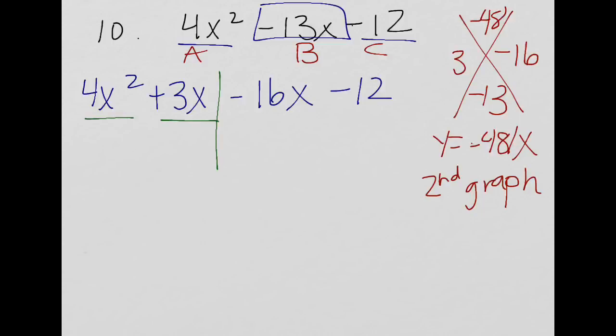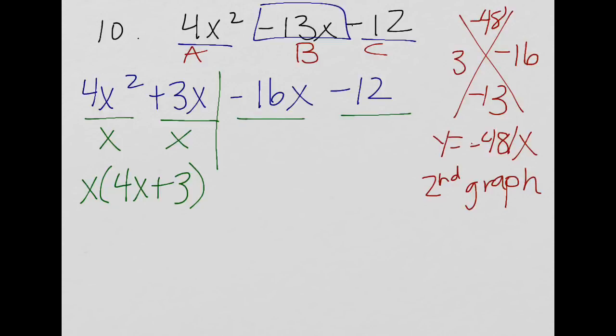Life is good. If I look at the left side, all they have in common is an x. So I take that out. If I look at the right side, they have a 4 in common, but the 16 is negative, so I take a negative. So it's negative 4, and I have 4x plus 3.